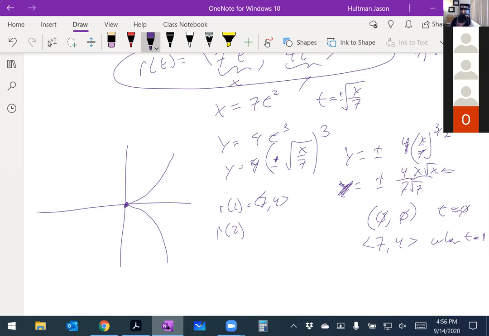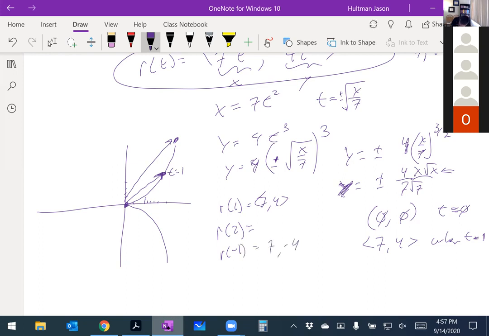Let's stick to the negatives here. R of 2, where would we be at? We would be at 1, 2, 3, 4, 5, 6, 7, 1, 2, 3, 4. We would be here, right? This is at t is equal to 1. Okay, t is equal to 2, where are we at? Well, we'd be way up here somewhere. That's t is equal to 2. Okay, so where are we at with t equals -1? For r of -1, it's just 7, -4.